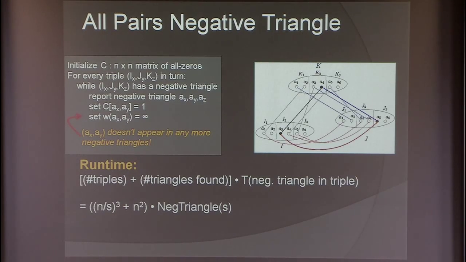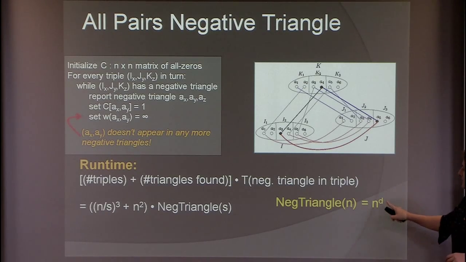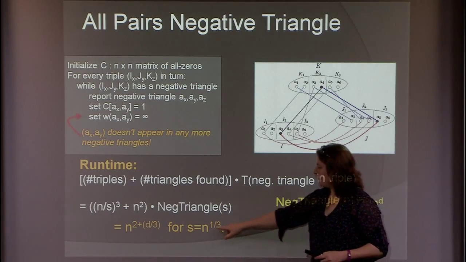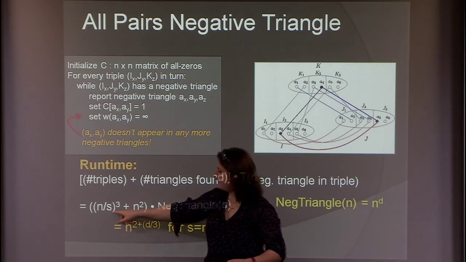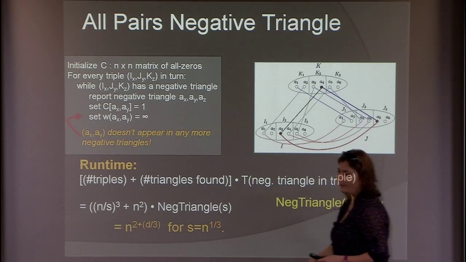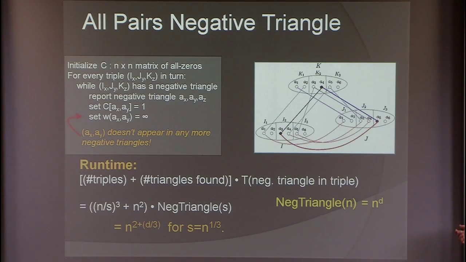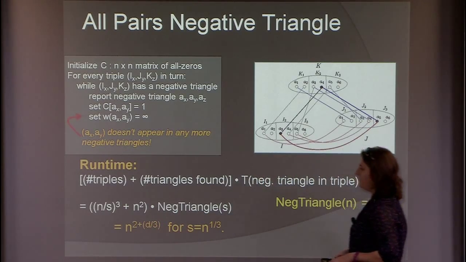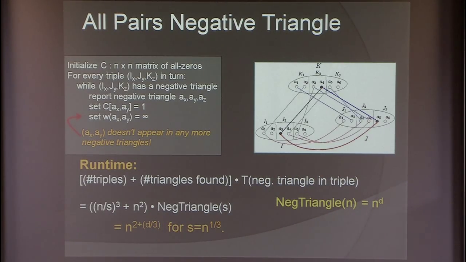Now, what we usually do is we sort of balance things out. Let's assume that the time to find a negative triangle is n to the d, for some d hopefully less than 3. And then we balance things so that s is n to the 1/3. This makes this be the same as n squared. And when we do this, we get that if we had a negative triangle algorithm that runs in n to the d, then we get an n to the (2 plus d) over 3 time algorithm for all pairs negative triangles.